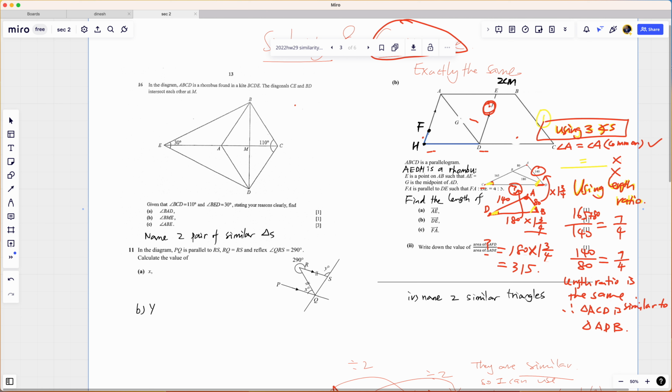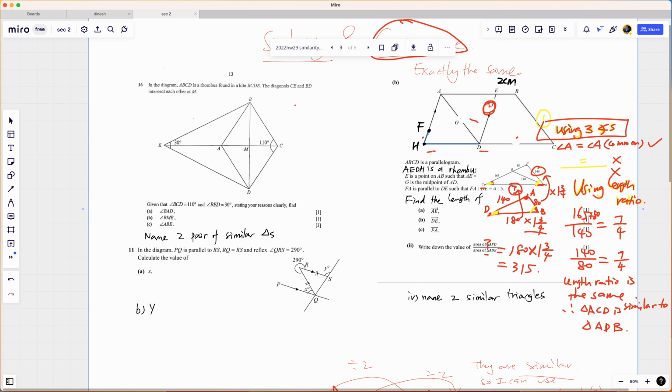The blue one is 110. So this one? Divide by 2, right? Why? Because it cut half, right? So if this is 55, I think you can get this over here. 125.